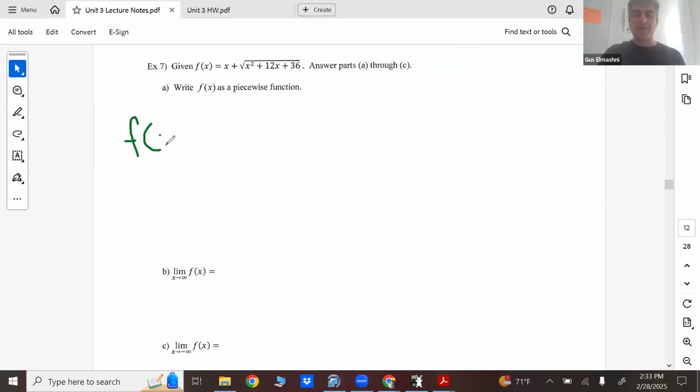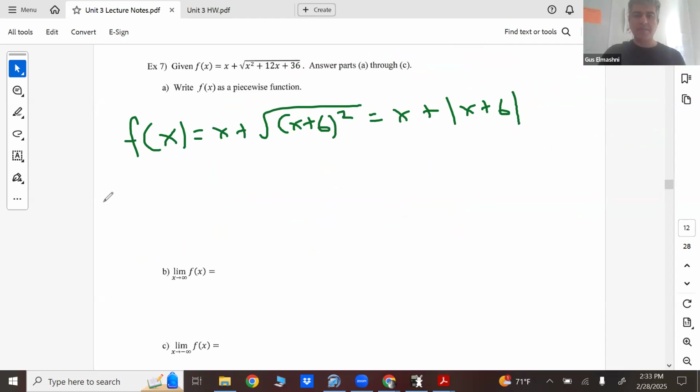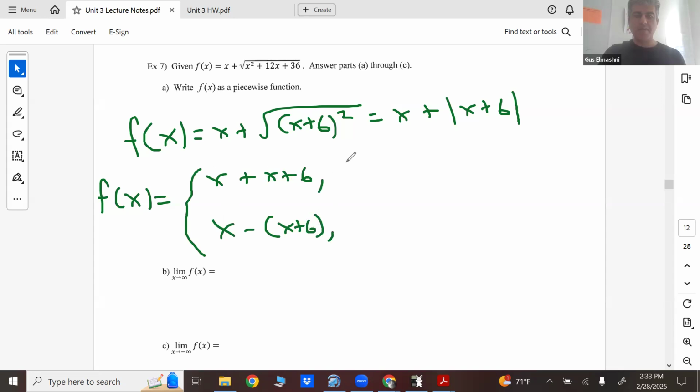To rewrite it, you can rewrite it like this. Okay, let me finish writing, and I'll explain what I'm doing.